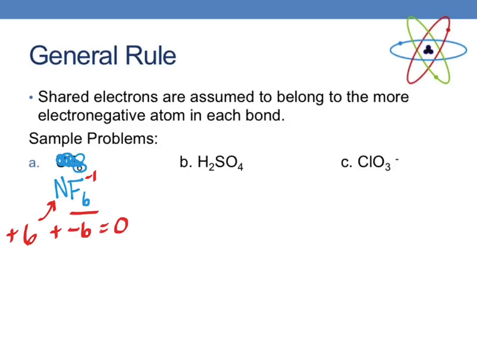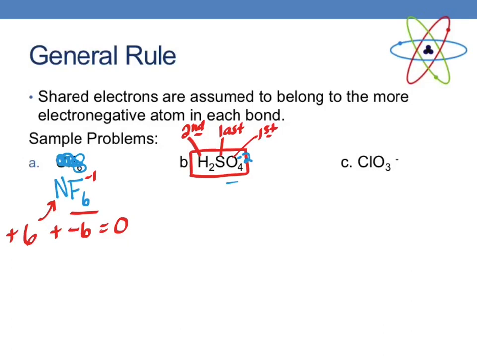So this is an interesting one here. When I have something like this where we have 3 elements, I do my last one first, then I do my first one, and then I figure out the middle. So oxygen is always a what? -2.